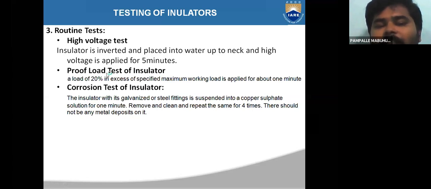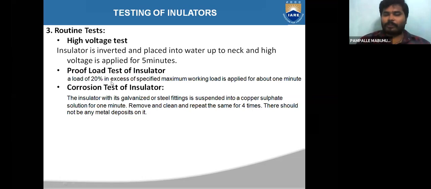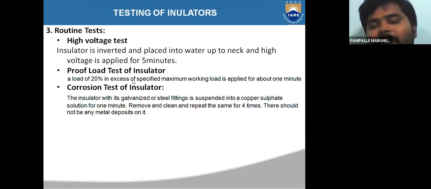Right. The next test is the proof load test. Under this proof load test, on the insulator, you have to apply a load which is 20% excess to the specified maximum working load. The insulator generally will be having some specified maximum working load, how much load should be kept on that insulator in practical purposes. But in proof load test, you have to apply 20% excess to this specified maximum working load.